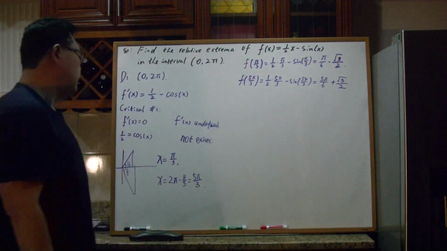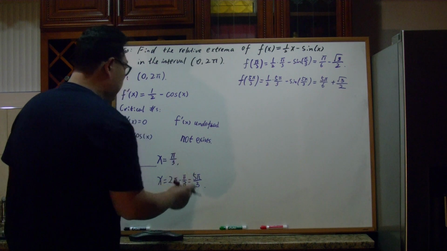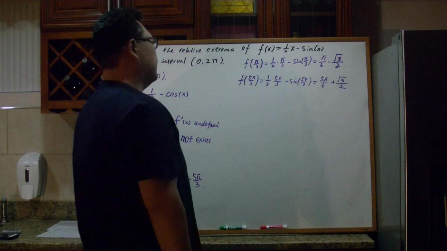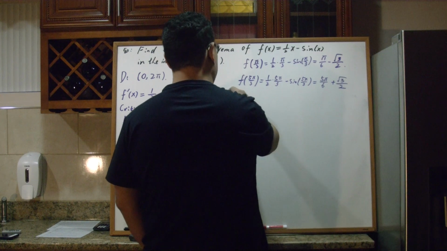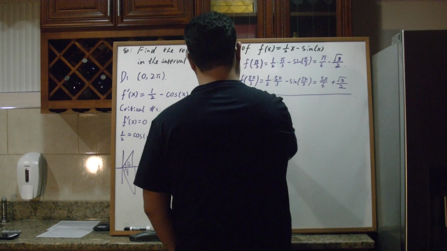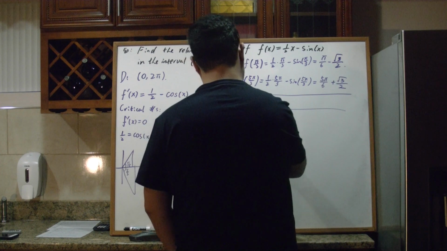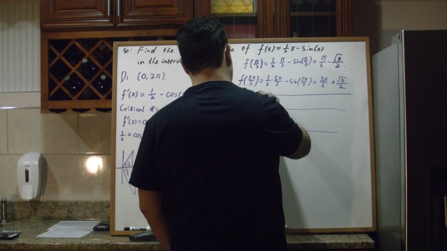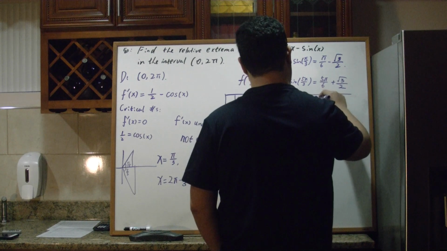Then at the end, we try to see what intervals we get, whether the function is increasing or decreasing on them, and decide whether these points are a maximum or a minimum. So we build a table with test values for the intervals: the first one from 0 to pi over 3, then from pi over 3 to 5 pi over 3, and the last one from 5 pi over 3 to 2 pi.